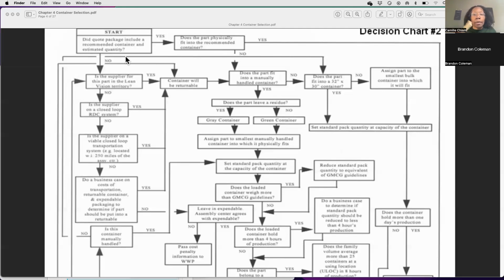Well, instead of coming on a bulk pallet, maybe they should have come in on a small tote. But that means it would come on a returnable pallet. Now that returnable pallet might cost $100 versus the 10. Commercial team will go, oh my God, this is now $100. And we thought it was going to be 10.